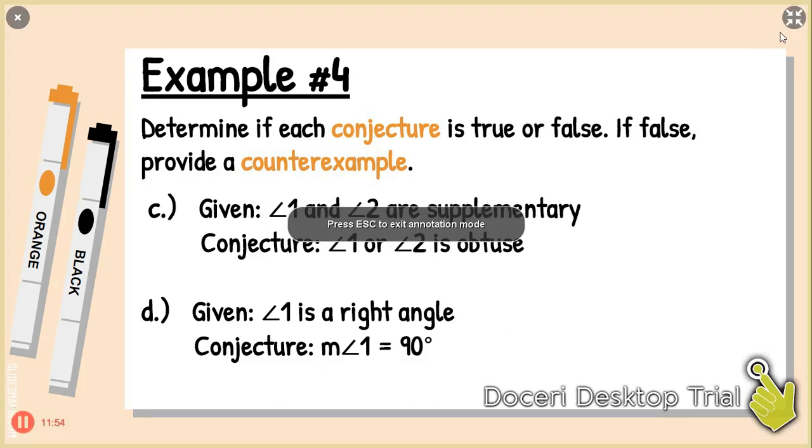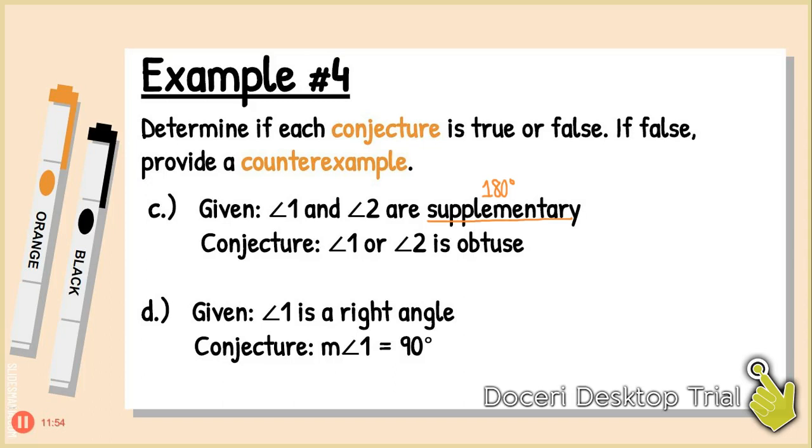And so we have to think of some examples to kind of help us determine the validity of this statement. So first of all, we have to know what supplementary means. So we're saying that angle 1 and angle 2 add up to be 180 degrees. So that we have to know what that word means first. So I have two angles that add up to 180 degrees. So the conjecture is that angle 1 or angle 2 is obtuse.